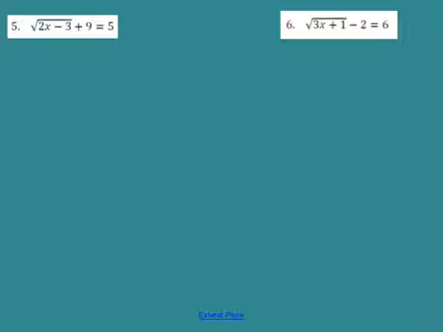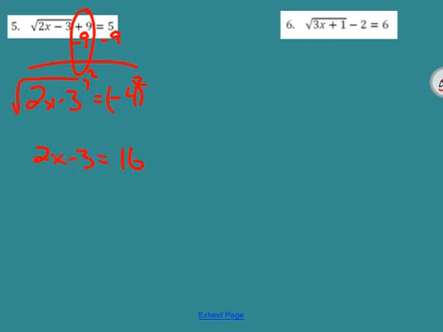This one looks like they put a plus 9 here to confuse me. The opposite of adding 9 is subtracting 9. So I would get square root of 2x minus 3 equal to negative 4. You square and square it. 2x minus 3 would equal 16.